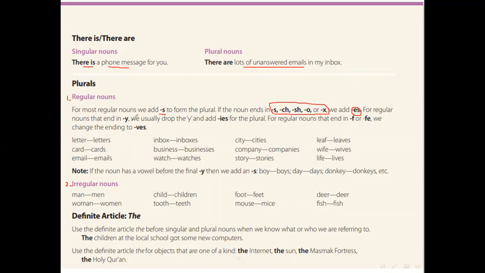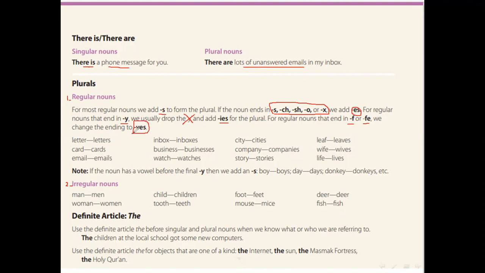For regular nouns that end in y, we usually drop y, cancel y, omit y, and add ies for the plural. Like city, cities. Excellent. For regular nouns that end in f or fe, we change the ending to ves.